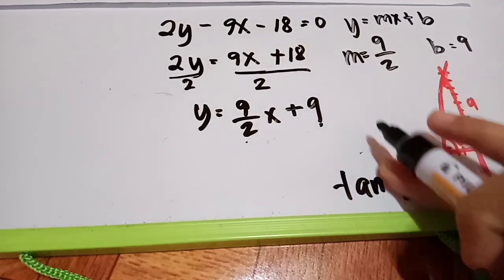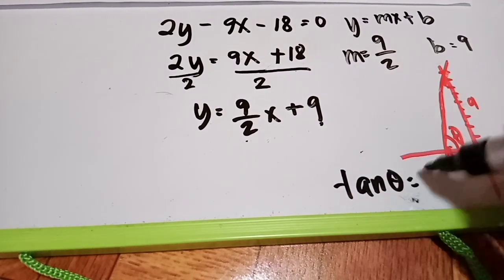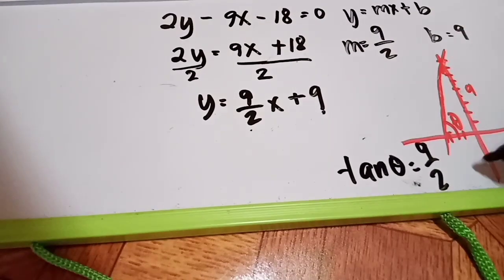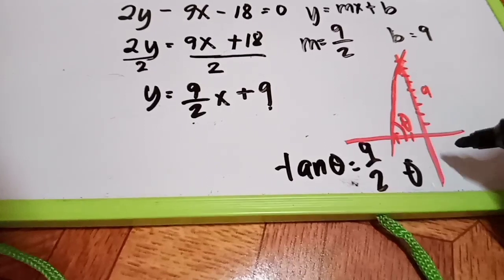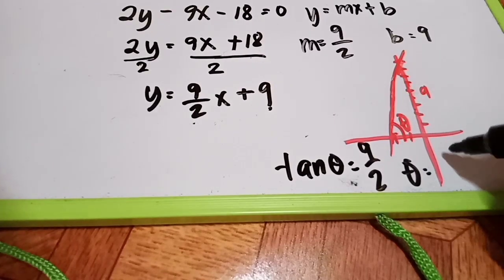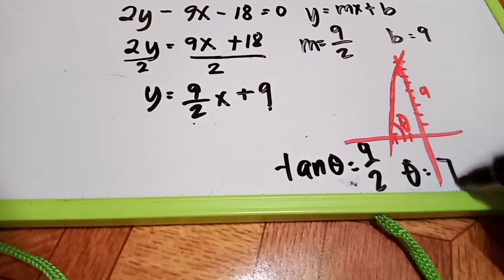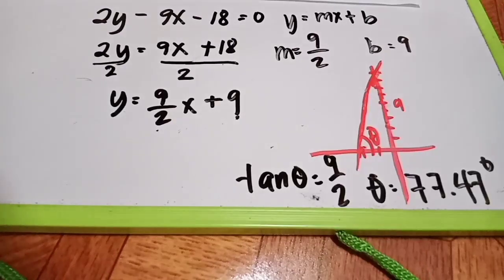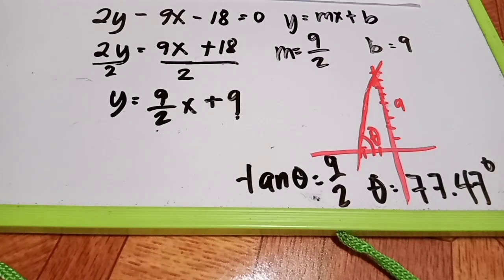What is 9 divided by 2? Theta will become, this is already converted in degrees, 77.47 degrees. So our data will be 77. 9 divided by 2.